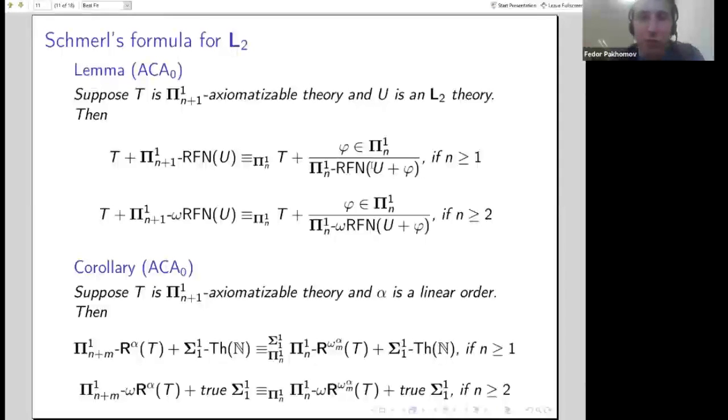The point is that we want to formulate this result over ACA naught, and this is this class size language. So one should be careful how to formalize it. What really are the deductions in class size language? There are a lot of subtle problems here.